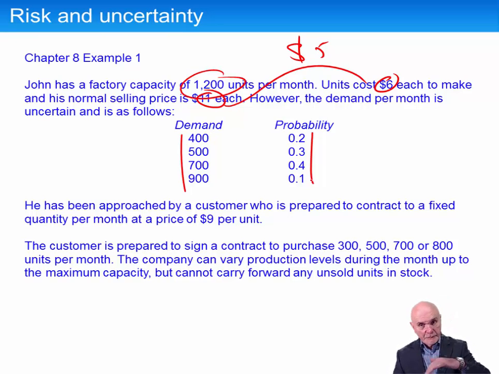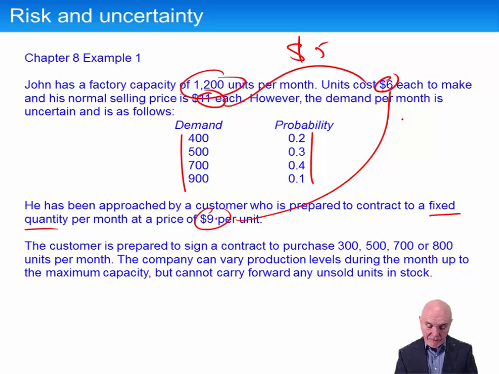Now this demand goes up and down a lot, so it's a little bit unsatisfactory from the planning point of view, and John has been approached by another customer who is prepared to contract for a fixed quantity each month. That will give John a certain amount of security. Unfortunately, the price is only £9 per unit, so these are selling at 9, they cost 6.